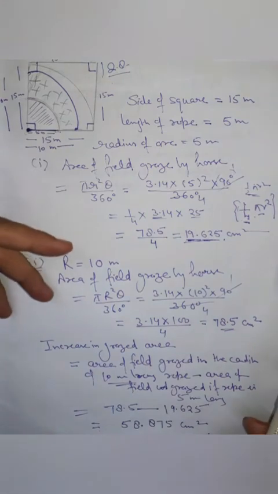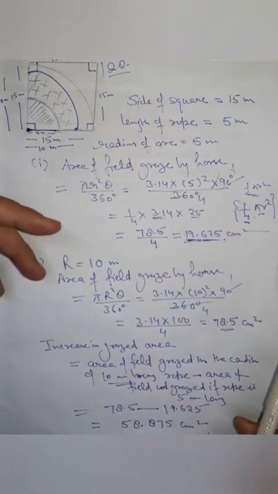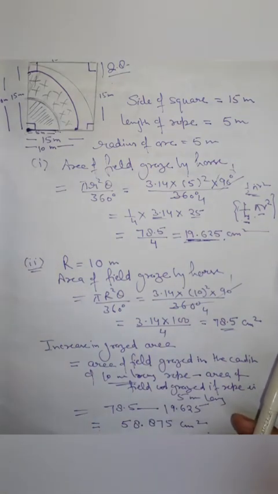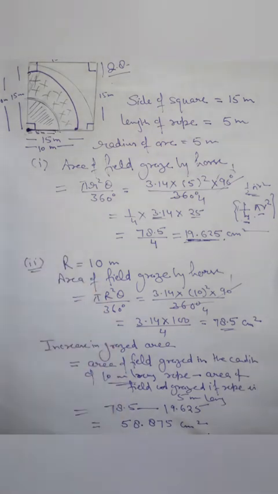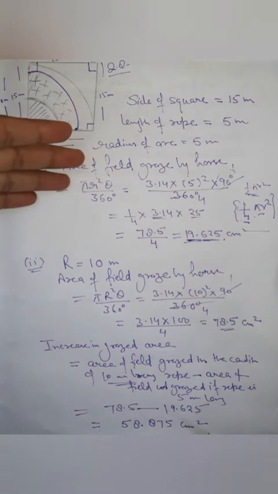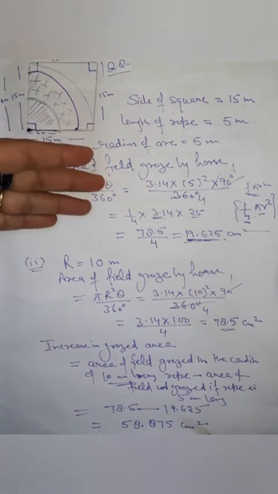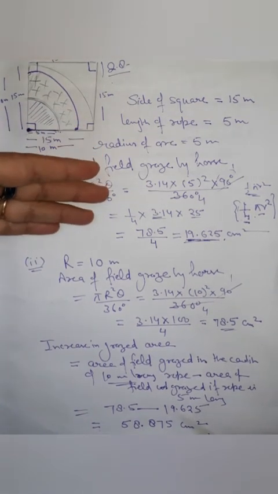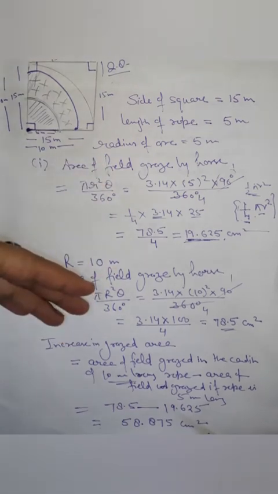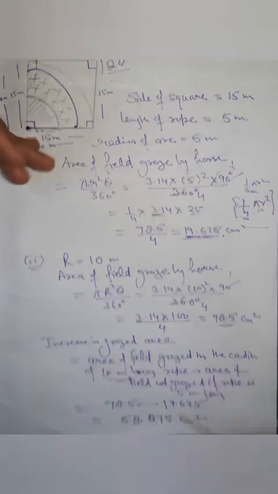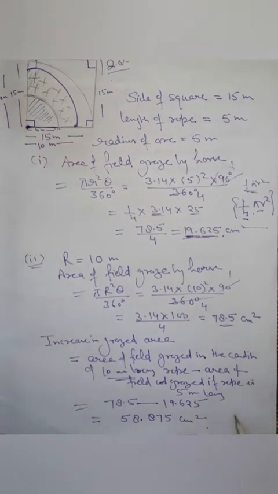But in this question they are not asking ungrazed area, only asking the increase in grazed area. So for the increase in grazed area, we subtract the area when rope is 5 meter long from the second situation when the length of rope is 10 meter.